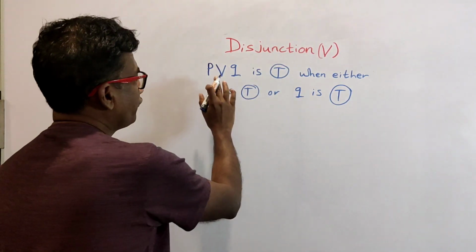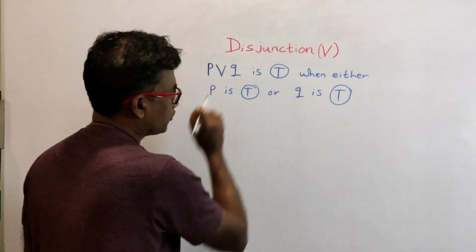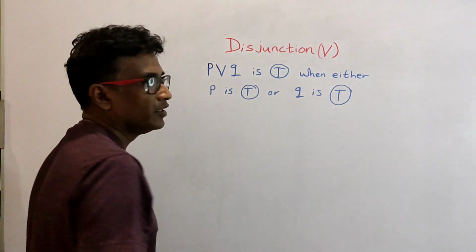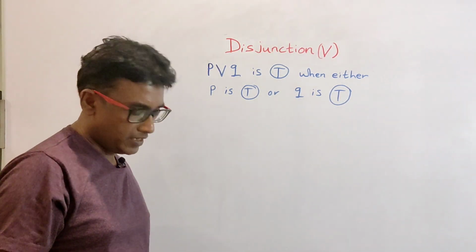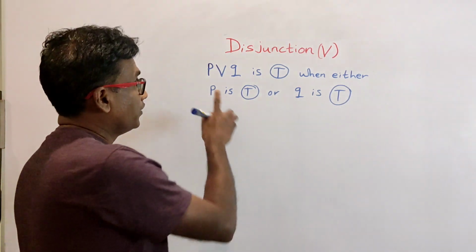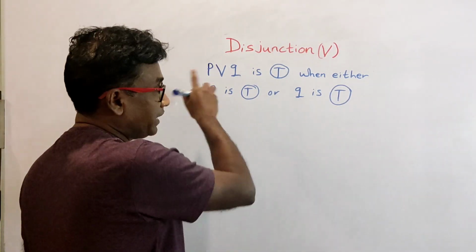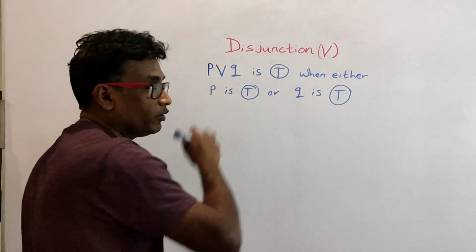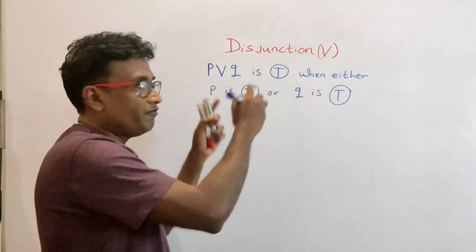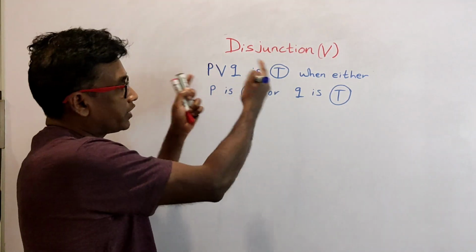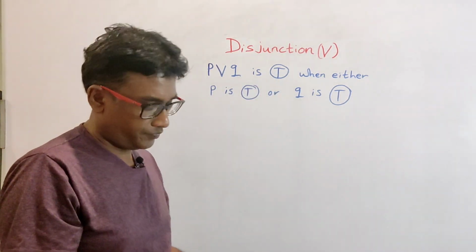The truth value of P or Q is true when either P is true or Q is true. Right? Now in conjunctions we saw that for P and Q to be true, both P has to be true and Q has to be true. Here when either P is true or Q is true, P or Q is going to be true.